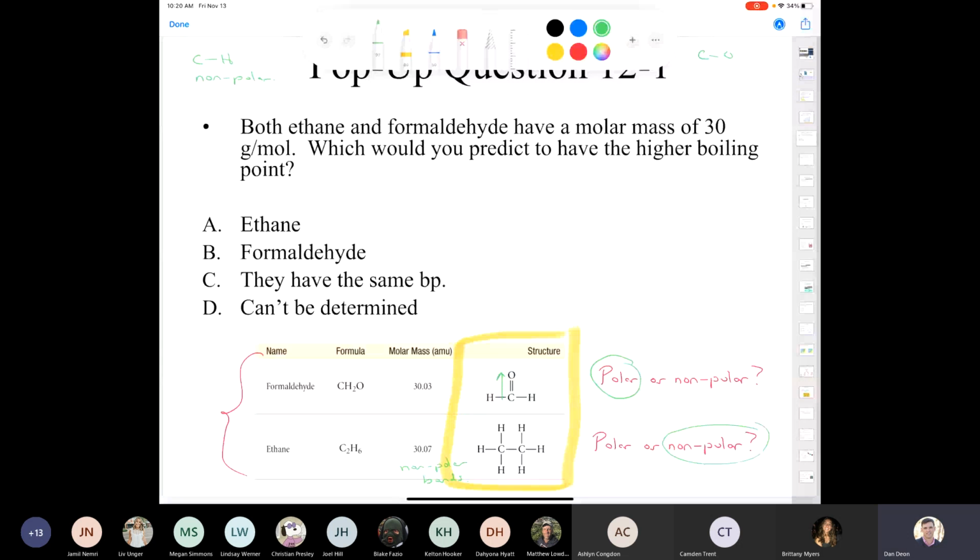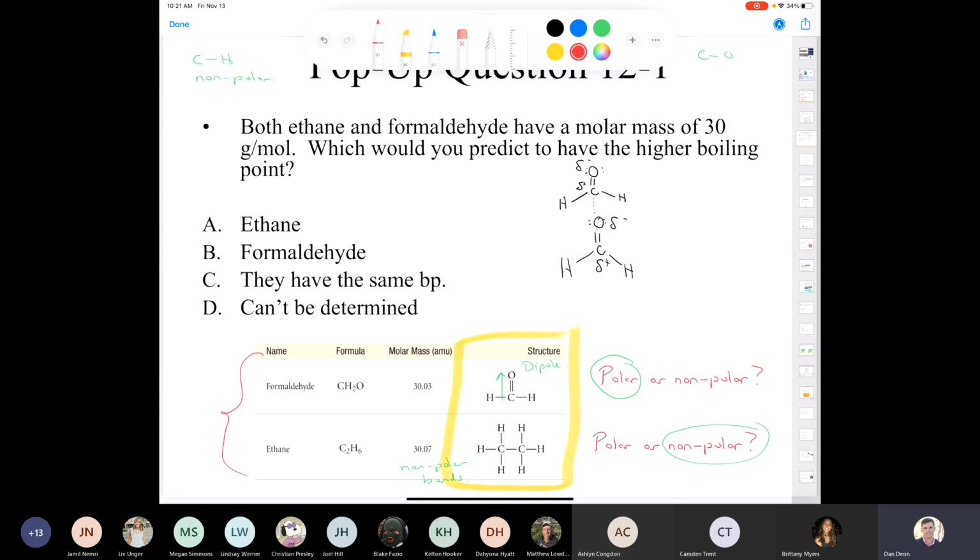If formaldehyde is a polar molecule, that means it's because it's got a dipole. So if I have two molecules of formaldehyde, I have a delta minus by my oxygen and a delta plus by my carbon. If I have a second molecule of formaldehyde, it's going to interact with the first one and have a dipole-dipole interaction.